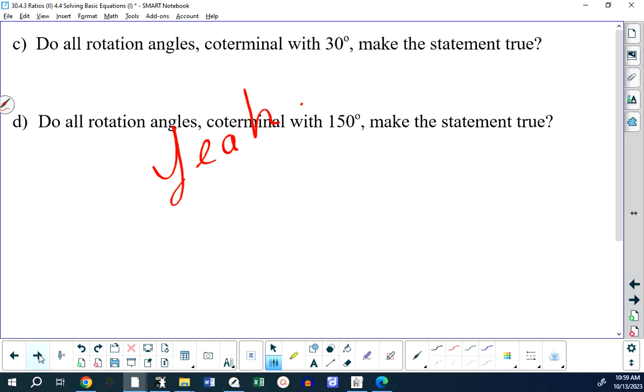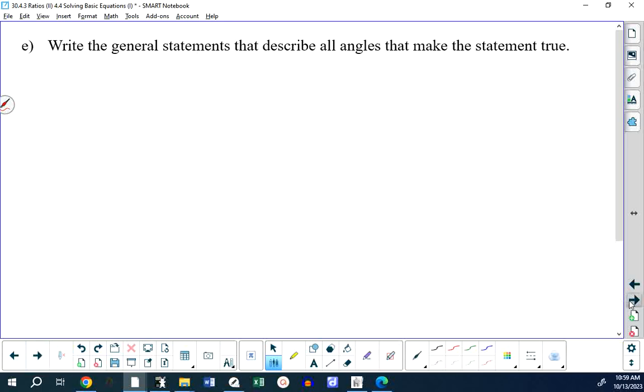And I guess what I want you to understand just initially is that when you look from 0 to 360, or 0 to 2 pi if you like, we have two solutions in that limited domain of angles, but there are in fact an infinite number of solutions if we broaden our horizons and look at any rotation angle. Write the general statement to describe all angles that make the statement true.